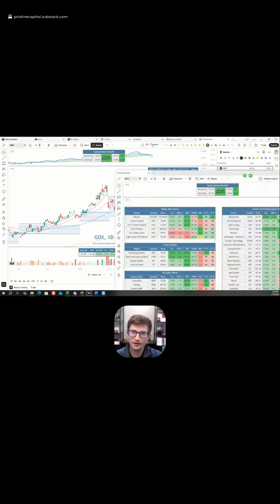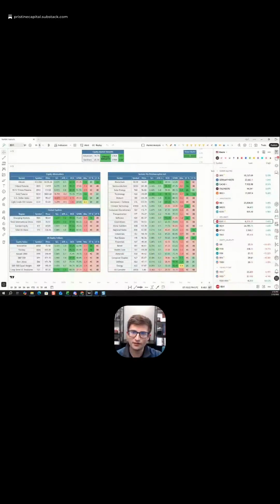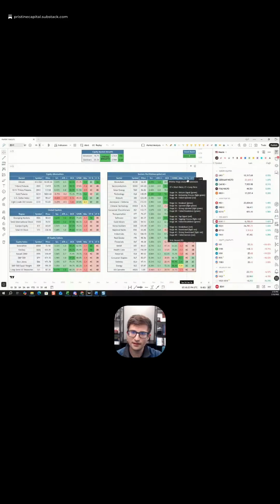So the market dashboard, this stage analysis over here, where it's a short term and long term, this is really just telling me where is this asset in relation to its key moving averages. So you'll notice we don't even have to flip through the charts of these sectors. We see a ton of 4C, a ton of 4C over here on both time frames.